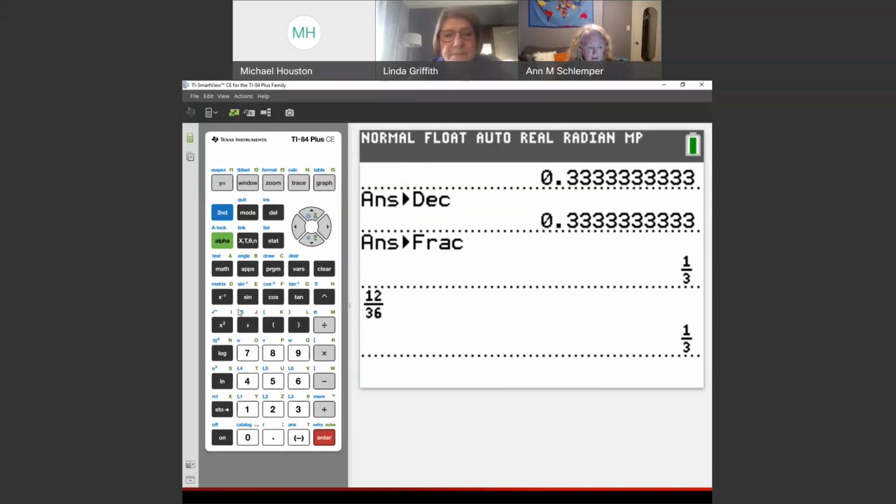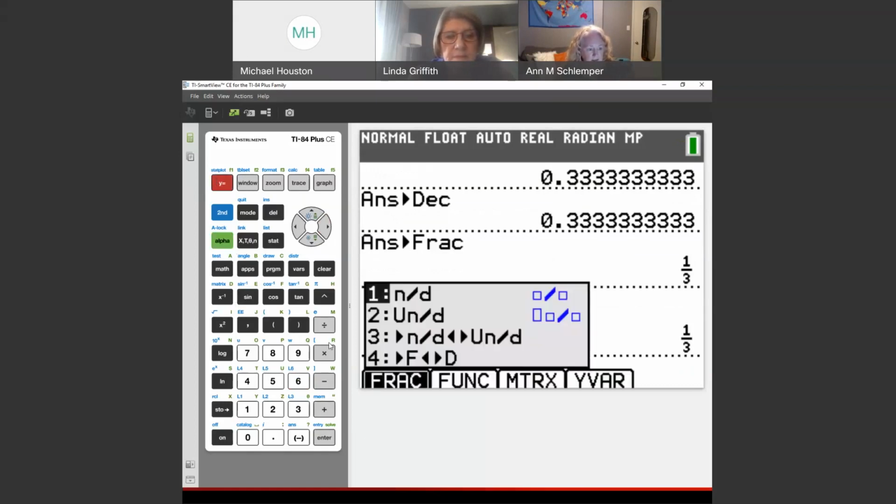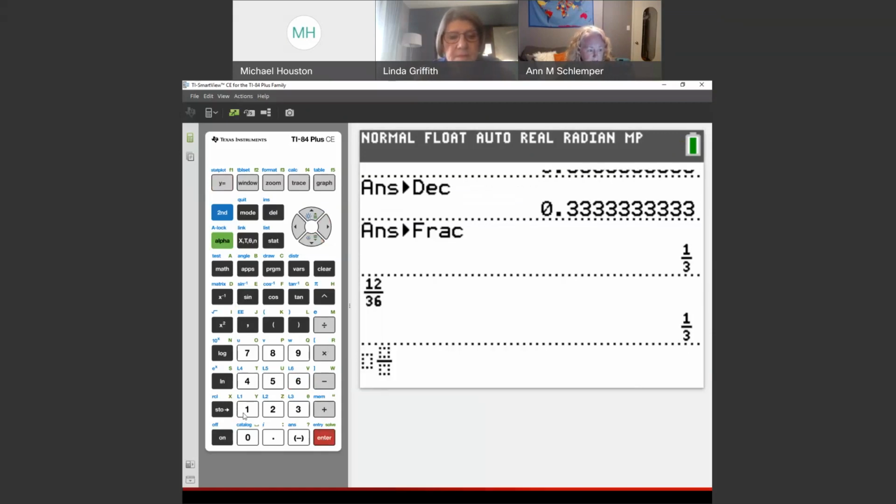Now, if you had a mixed fraction that you wanted to enter, you could hit this again. You can see that you have a mixed fraction, and you can convert between mixed and improper. So let's enter a mixed fraction. I'm just going to enter anything, and you may do the same at 1. Let's do something that simplifies, 6/10.